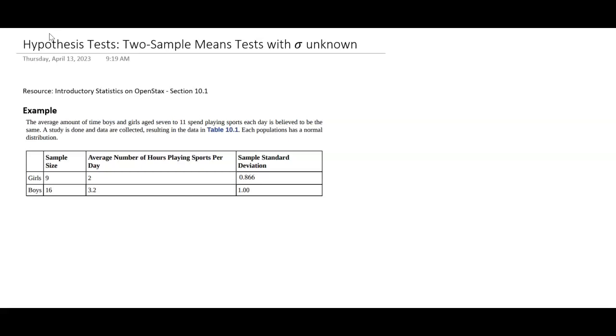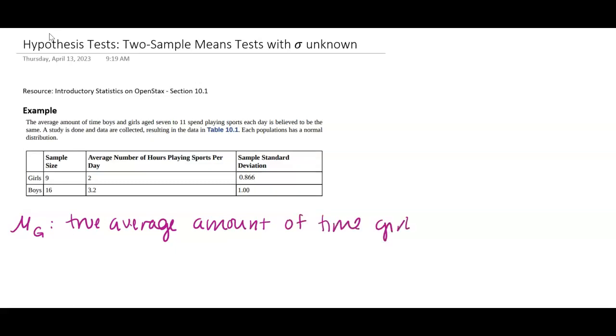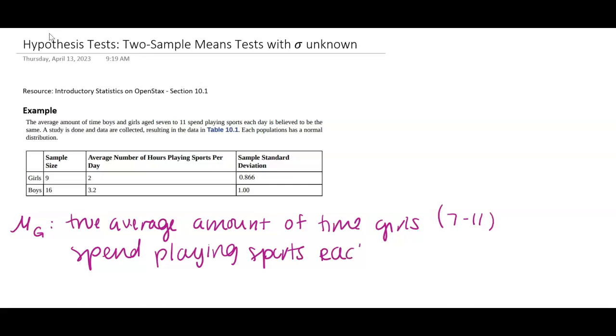Okay, so because I have two independent samples here based on girls and boys, I'm going to define two different means. So let's maybe call this mu g for the true average amount of time girls 7 to 11 spend playing sports each day.